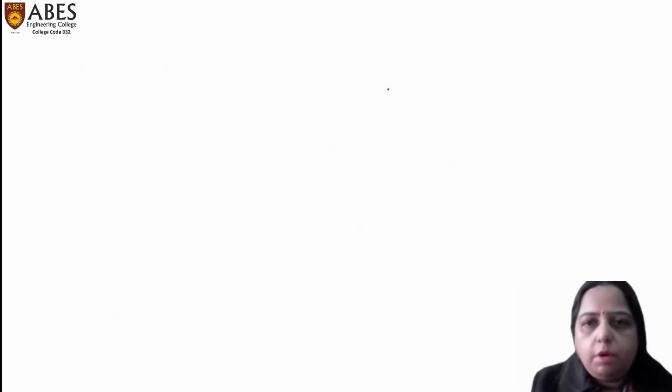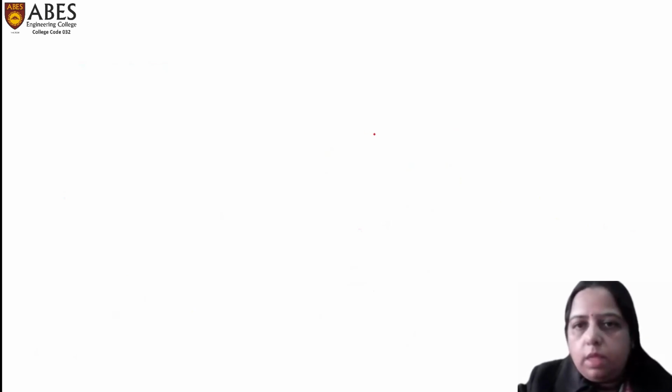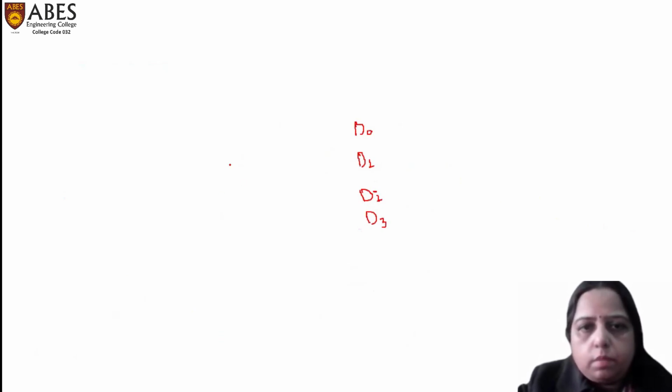So the logic diagram can be drawn with the help of D0, D1, D2, and D3. So for D0, we have X and Y, 2 inputs are there. For D0, the first input is connected to X bar and Y bar.